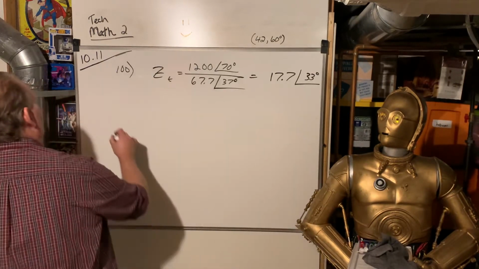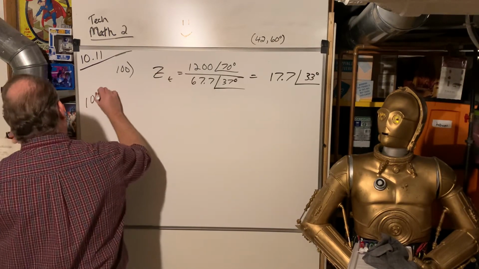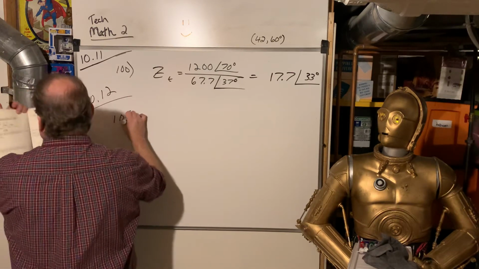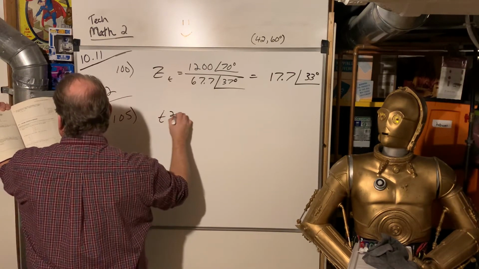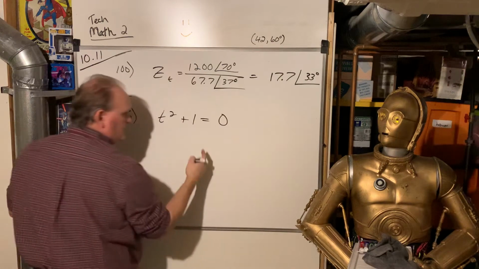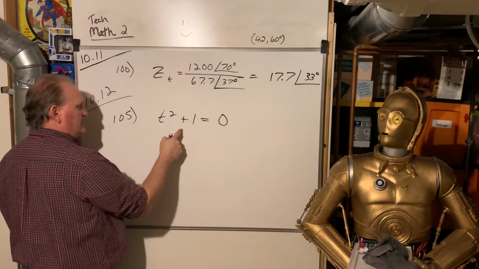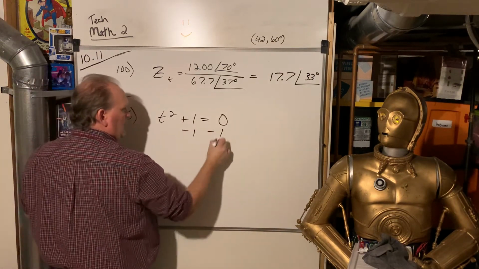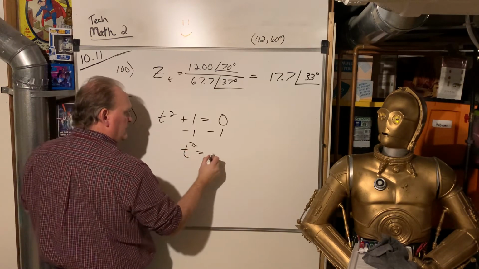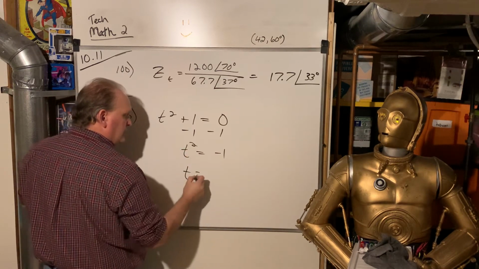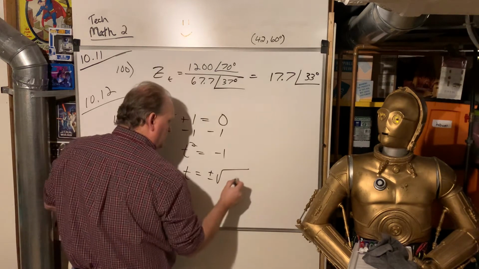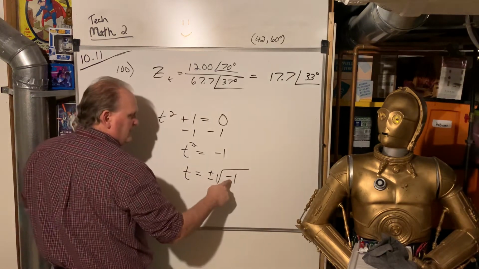Let's look at non-real solutions in equations like 105 on 1012. So this goes back to the abstract algebra. If I'm solving this, we isolate the variable and then take the square root. But now I'm taking the square root of a negative number.